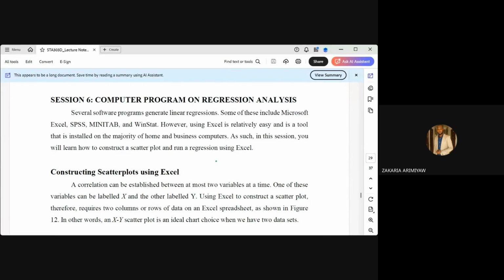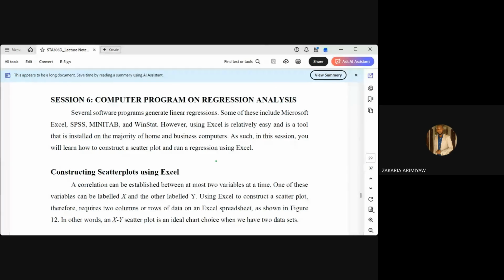It's not every time that if you have data, you should be doing manual calculation as we have been discussing. There are computer software programs that can help you do the analysis. If you want to do regression analysis, you can use them.